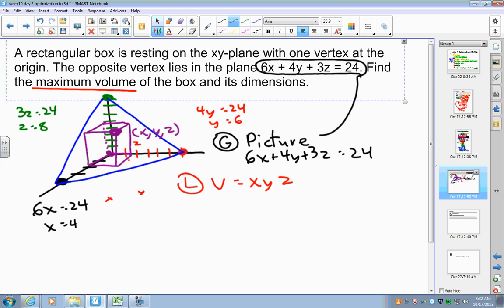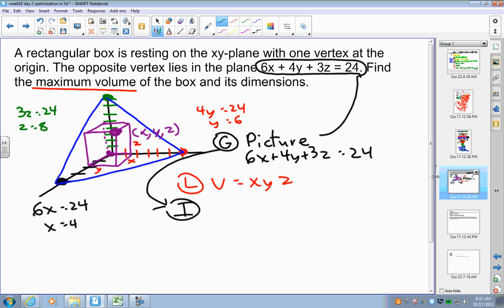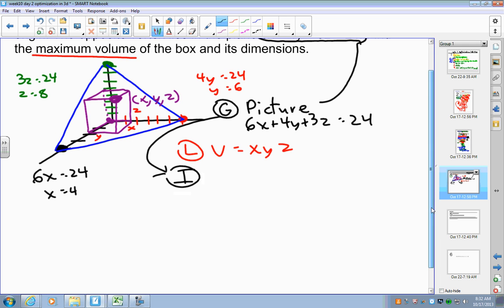This would have been the x, sorry, and that would have been the y. But there's your dimensions. Okay, now I'm going to take the g, I'm going to solve it for one of the variables. And it does not matter which variable you solve it for. Any one of them you can solve for. It does not matter.